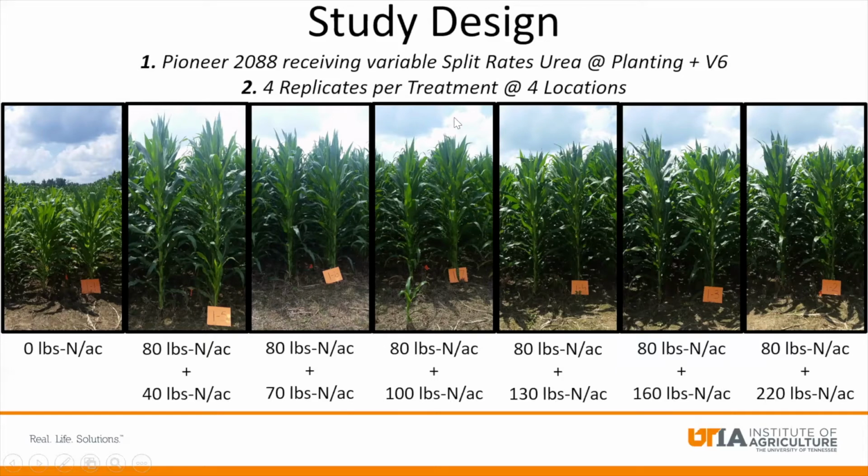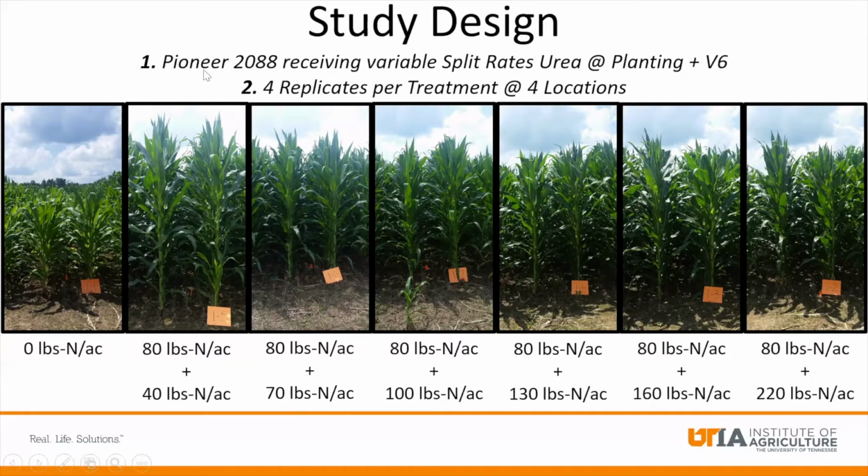The 5 of these represent the current tiers of nitrogen recommendations for corn grain. That would be 120, 150, 180, 210, and 240 pounds of nitrogen. The final rate is an excessive rate, one that we would consider uneconomical, and we anticipated, in fact, that that would depress yields.